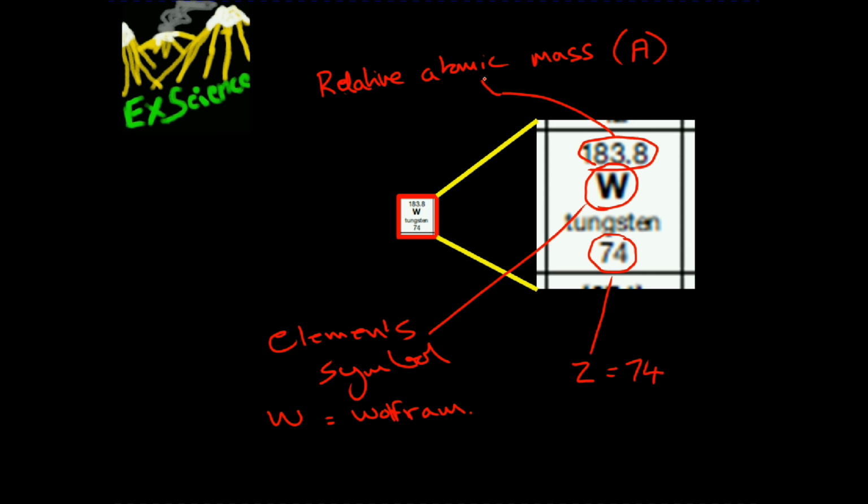However, except in the case of hydrogen, Z is always smaller than A, so it's always a smaller number. 74 is smaller than 183. And this is the easiest way to just tell. It's always the case that Z is a smaller number than A.